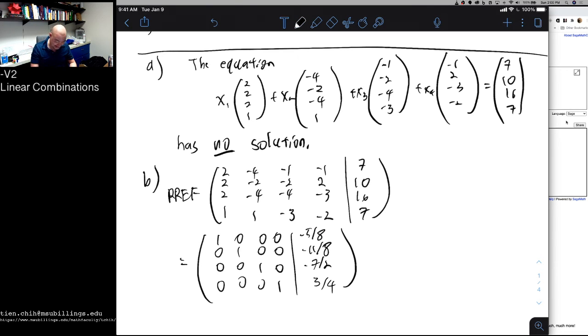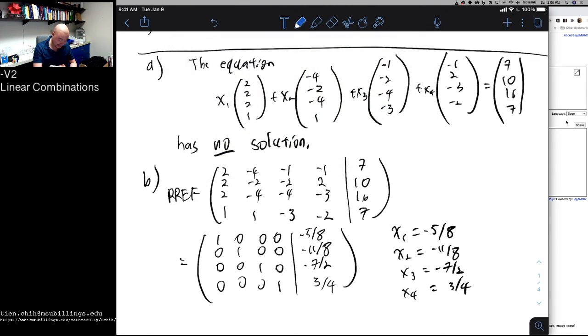What we're seeing is that if I let x1 be minus 5/8, x2 be minus 11/8, x3 be minus 7/2, and x4 be 3/4, then that in fact is a solution.